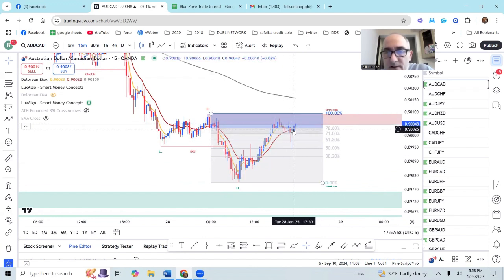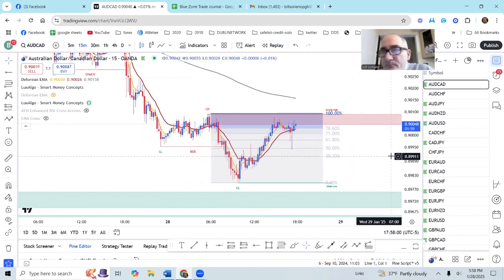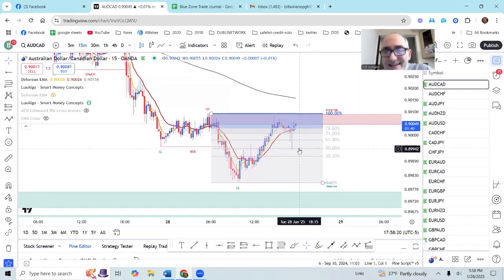Right now, in order to enter, whatever your entry strategy is, mine is using a sell shift. So I'm waiting for that yellow moving average line, the 5 EMA, to cross down and close below the red moving average line, which is the 13. Preferably that happens before price gets into the discounted zone below the 50.